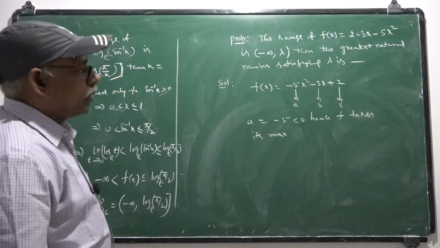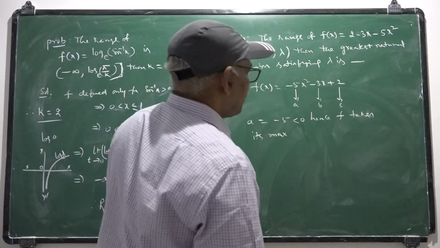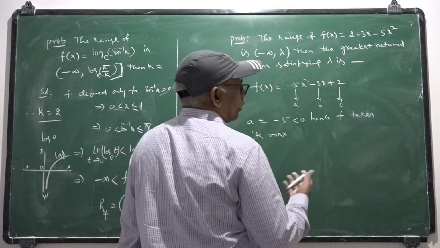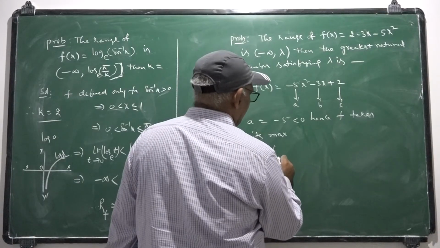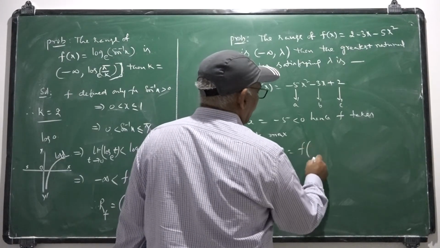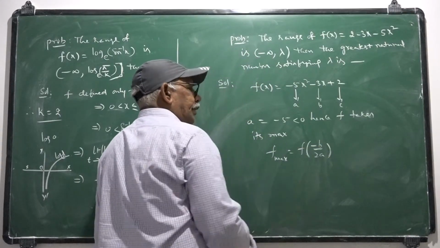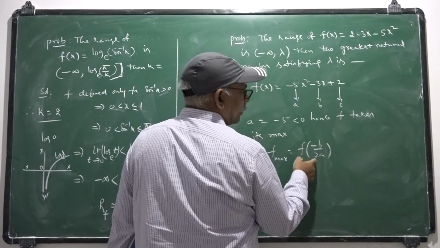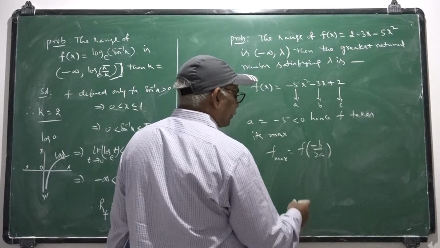The maximum value of the function is obtained at x equal to minus b by 2a. Either maximum or minimum is obtained at this point, but once a is negative, it takes maximum. Once a is positive, it is minimum.